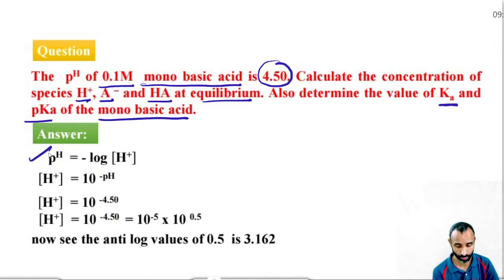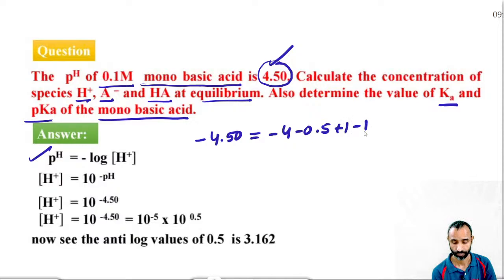So you know pH is minus log of H plus ion, and H plus ion is 10 raised to power minus pH. pH is given to you, it is 4.5. So H plus is 10 raised to power minus 4.5, and minus 4.5 can be written as minus 5 plus 0.5, that means 5 bar 0.5.